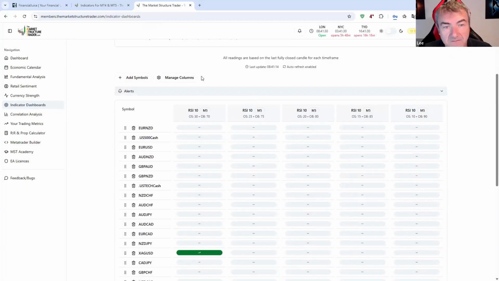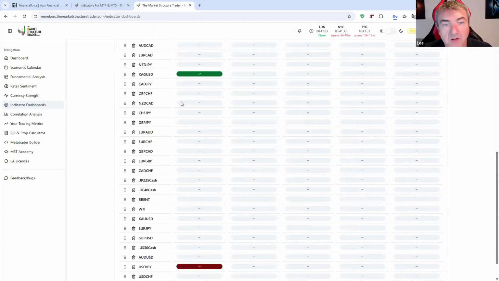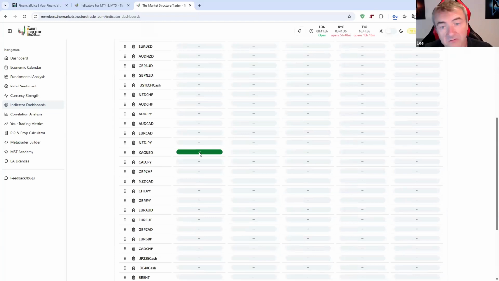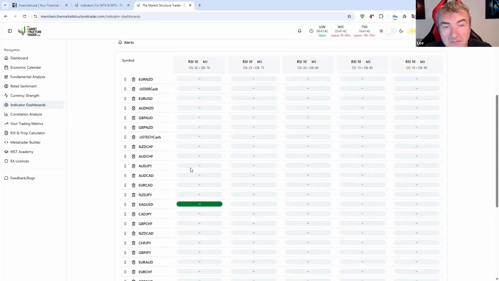Basically, the further along these pills are, the stronger the move has been. Therefore, if you're looking for mean reversion opportunities, you want to be taking things that have pushed really far in one direction. With an RSI, the way that it works is you have the overbought and oversold levels.